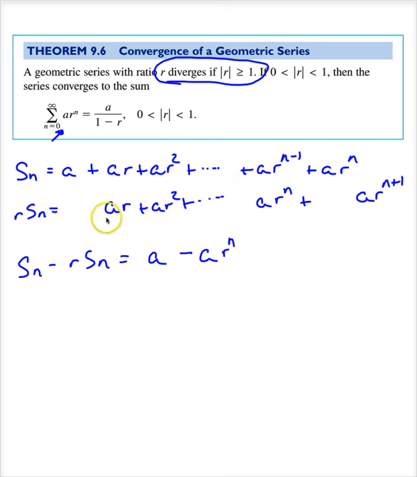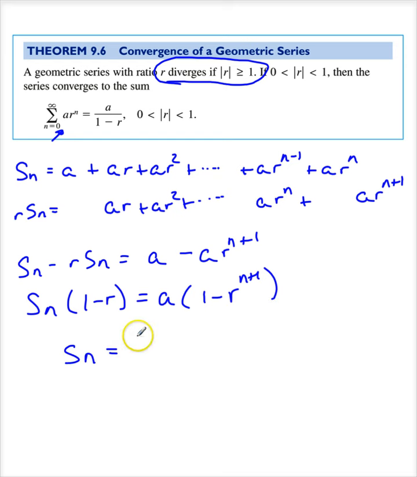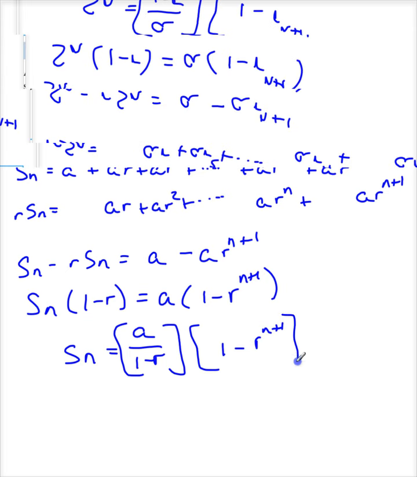Now, let's do a little bit of factoring ourselves. Let me factor this Sn out. So Sn times 1 minus r is equal to a times 1 minus r to the n plus 1. Oh, I forgot the plus 1, sorry about that. All right, so Sn then is a divided by 1 minus r, since these don't have anything to do with n, times 1 minus r to the n plus 1.